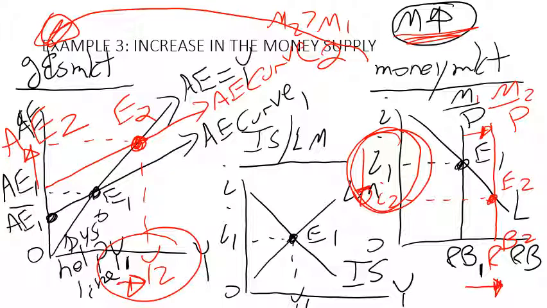So what happens to the LM curve? It shifts rightward. It's an increase of the LM curve brought about by an increase in the money supply. So it'll be LM1 to LM2. It's a rightward shift. We have a new equilibrium, E2.